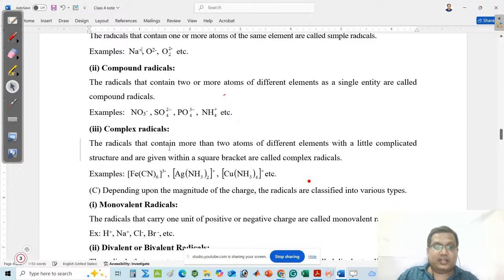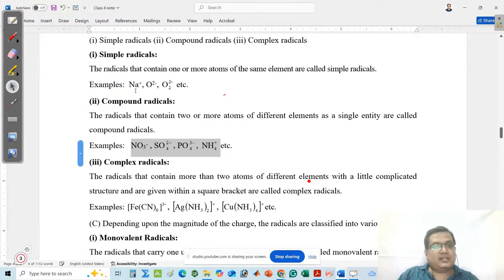The complex radicals are Fe(CN)6 3 minus, Ag(NH3)2 plus, Cu(NH3)4 2 plus. These are the complex radicals, these are the compound radicals, and this is the simple radical.